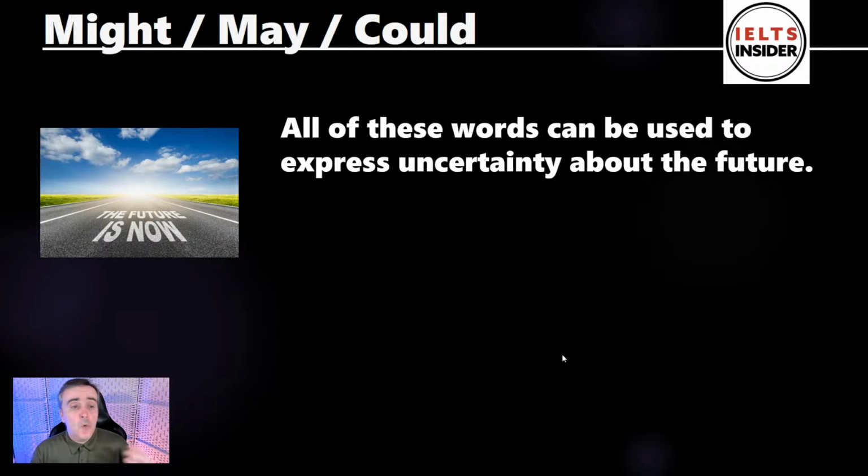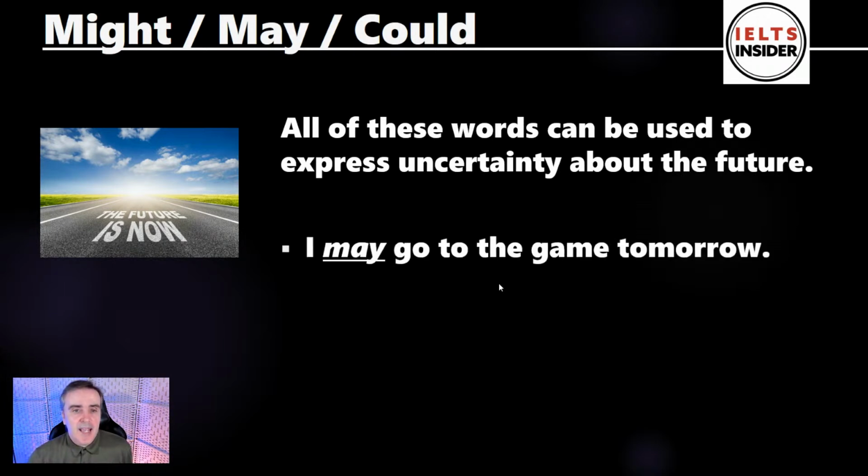We just don't know what is going to happen. So, when we were talking earlier using should or expect, we're thinking things are likely to happen. Using might, may, or could, we just don't know if it will happen or if it won't happen. So again, I may go to the game tomorrow, but then again, I may not.